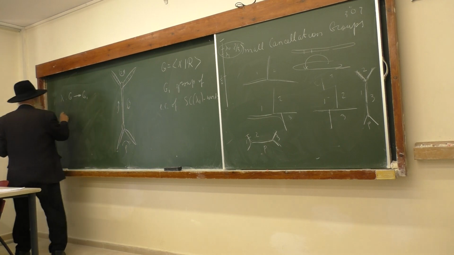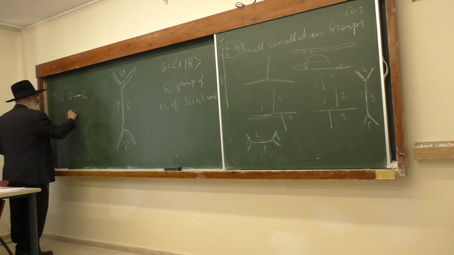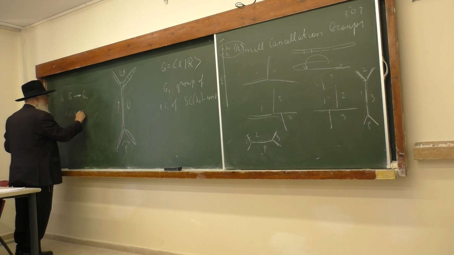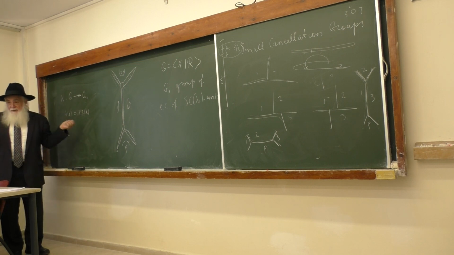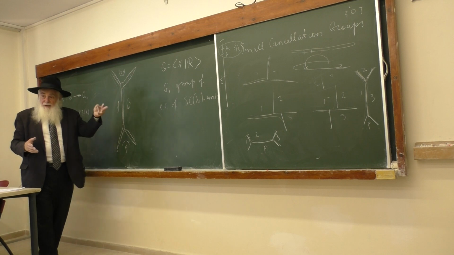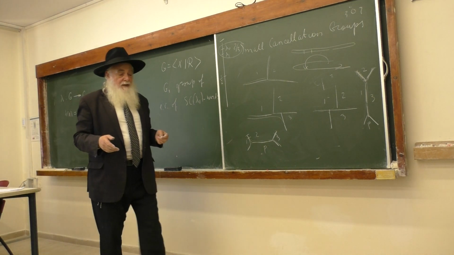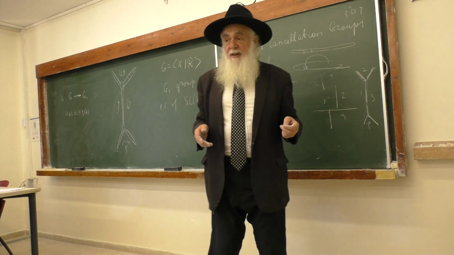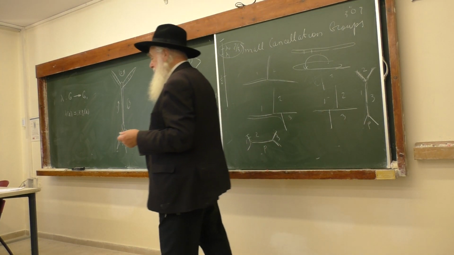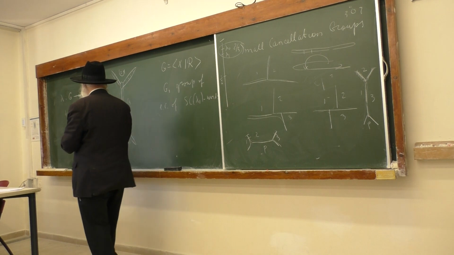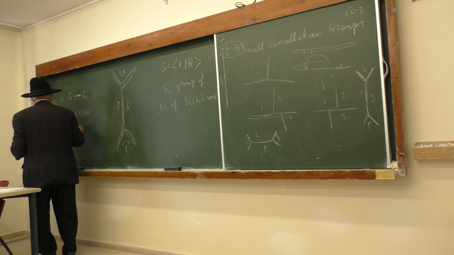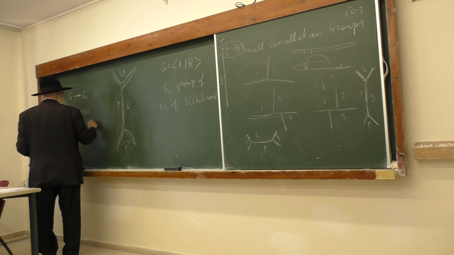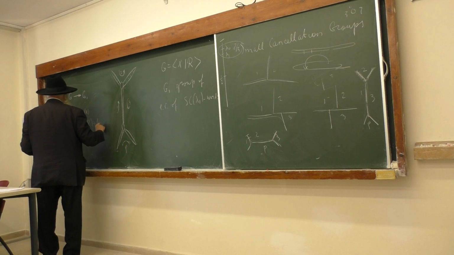So lambda of x will be the equivalence class of x. X is one letter, and obviously it is short enough. Then we have to check that if we take R as a relator, R in the set of relators, lambda of R is equal to 1 in this group G1.